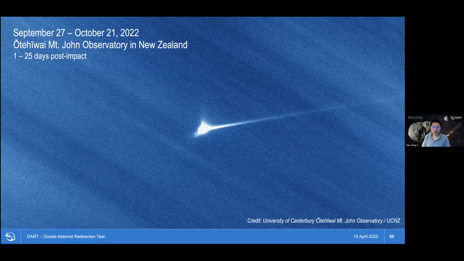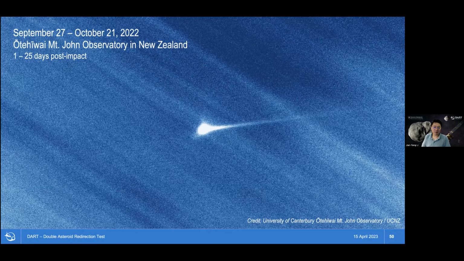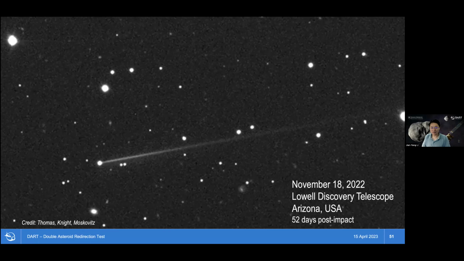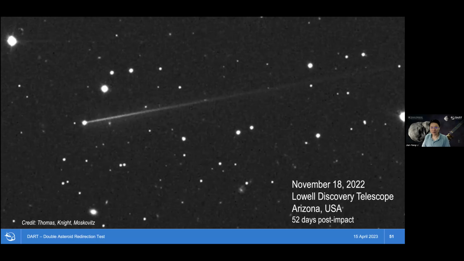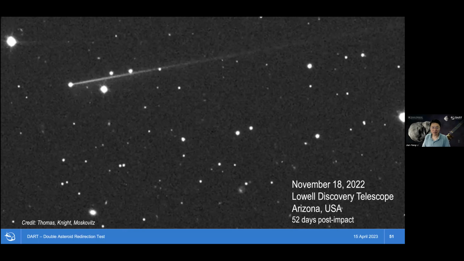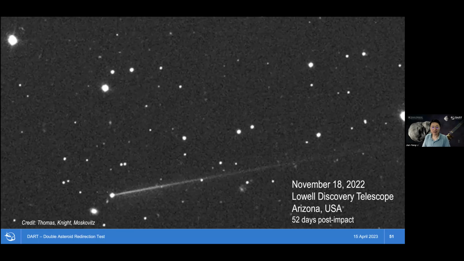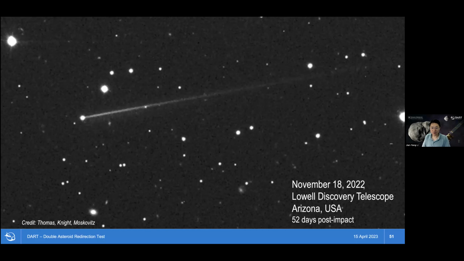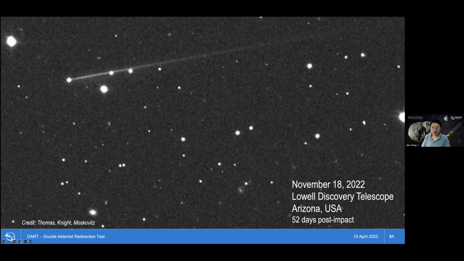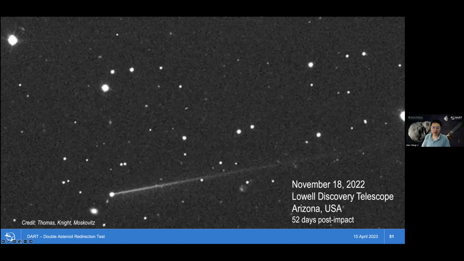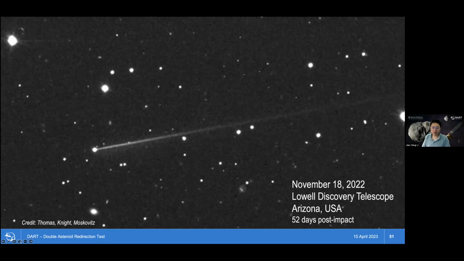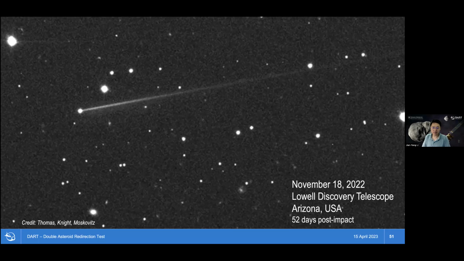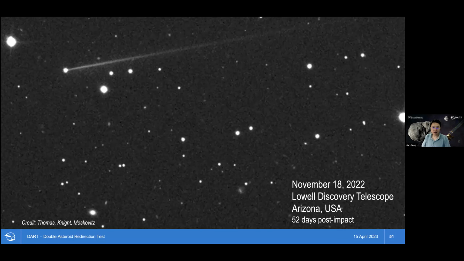And we actually kept observing the tail since the impact, since the tail formed. I mean, not until now, but through now, and we're still taking data. So I just want to show you how the tail changes with time. This sequence was taken in mid-November by the Lowell Discovery Telescope. This is a 4-meter telescope.